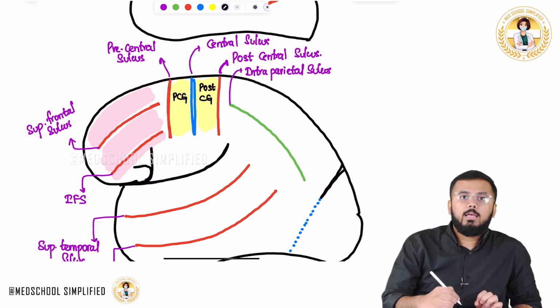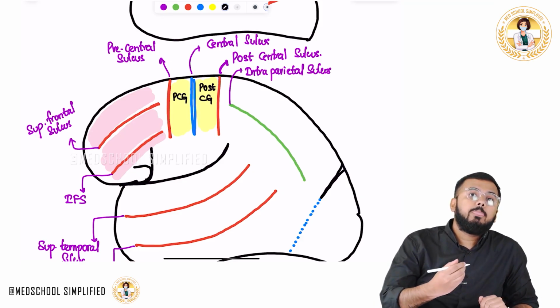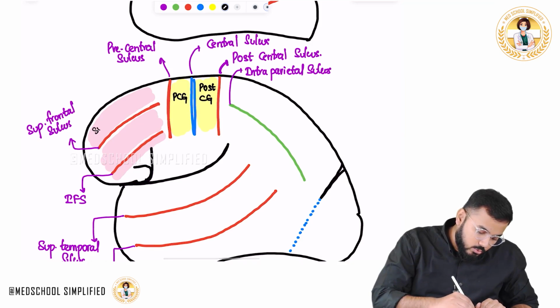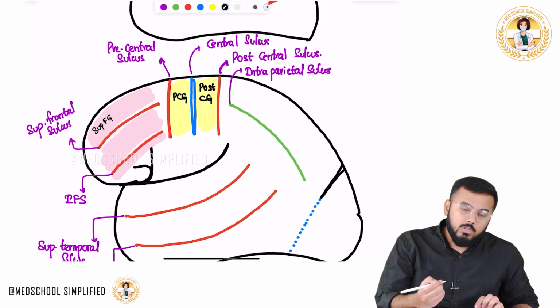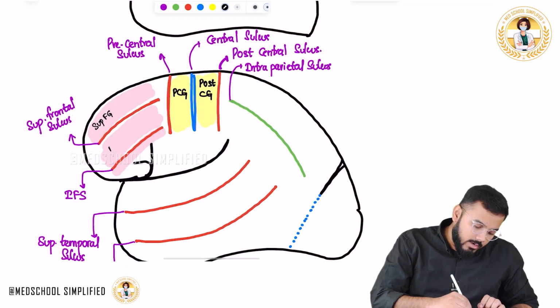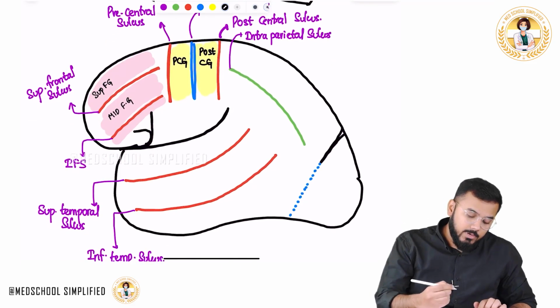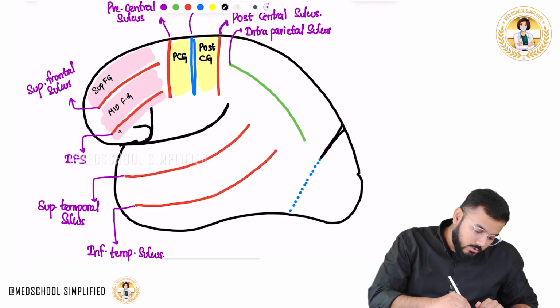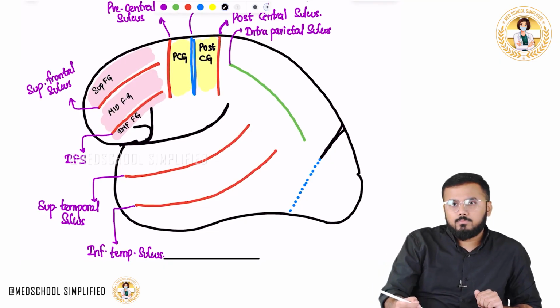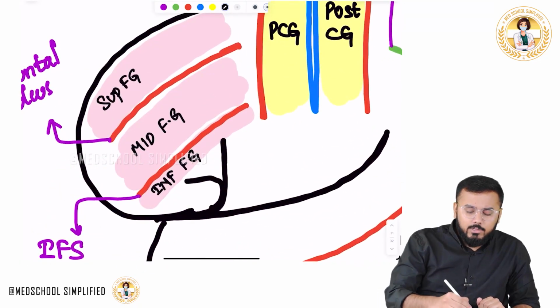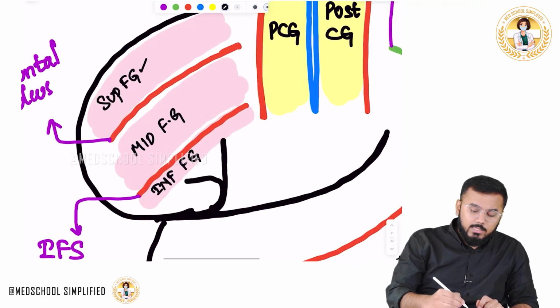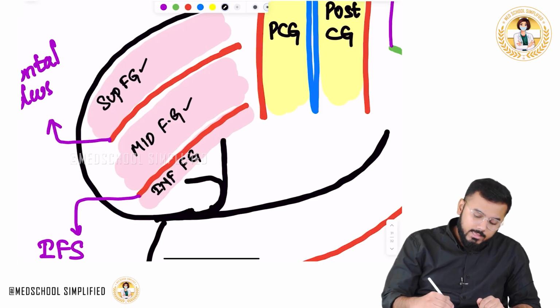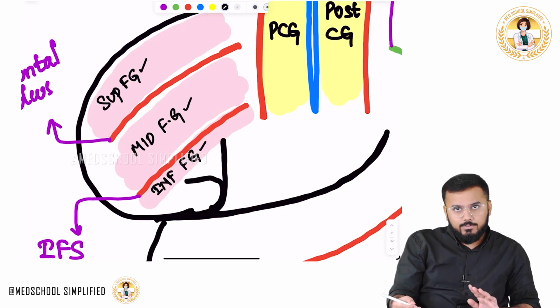So this is called the superior frontal gyrus. Just below that, what is the gyrus name? This is called the middle frontal gyrus. And just below that, this is called the inferior frontal gyrus. You can see here, the superior frontal gyrus, the middle frontal gyrus, and the inferior frontal gyrus.